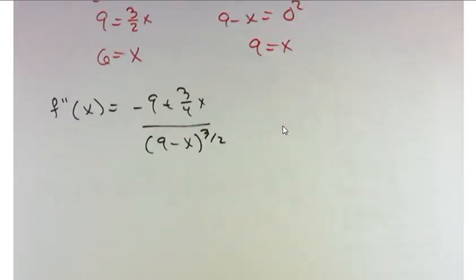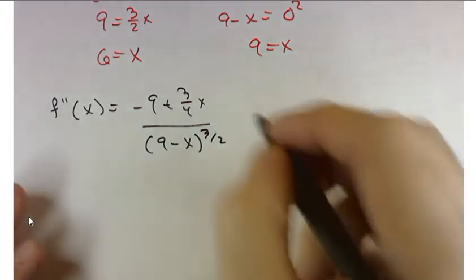So there's your second derivative. As with the first derivative, I want to know where this can change signs, where it can go from positive to negative or negative to positive. Those are the points that I'm interested in.